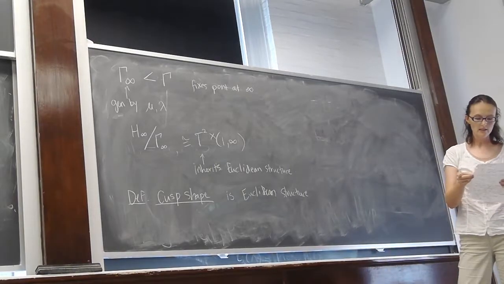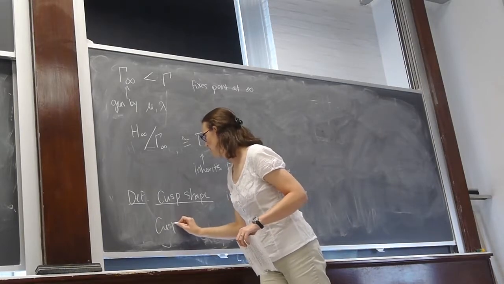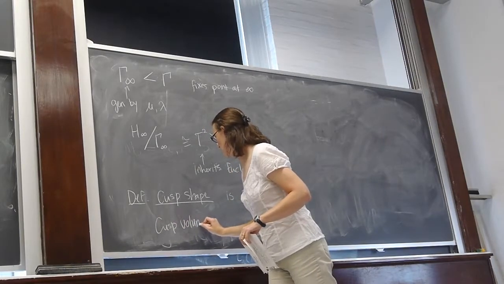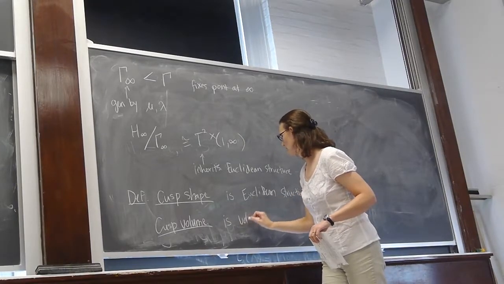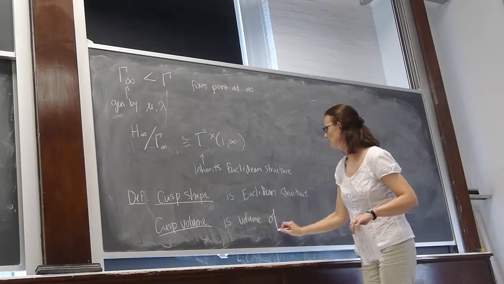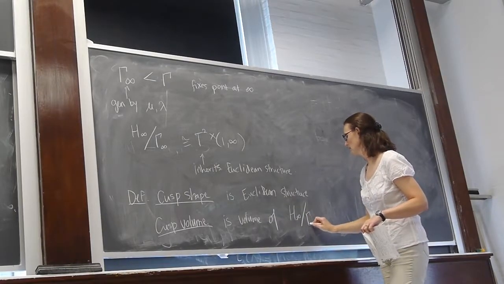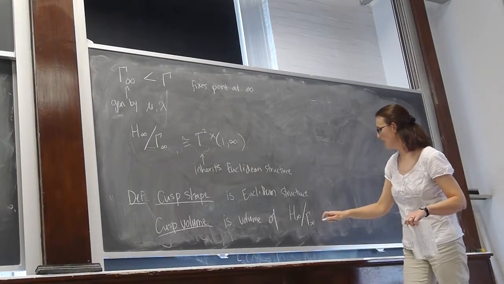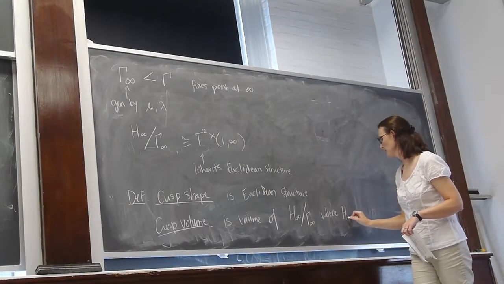And so then finally, the cusp volume is the volume of H infinity, sorry, quotiented out by gamma infinity, where H infinity is the maximal cusp.